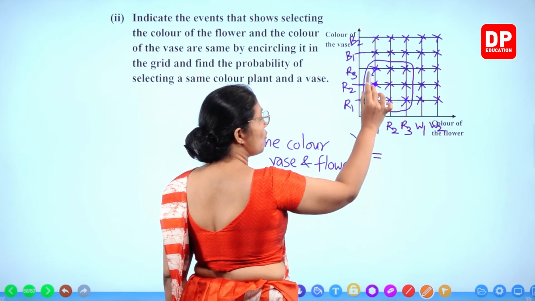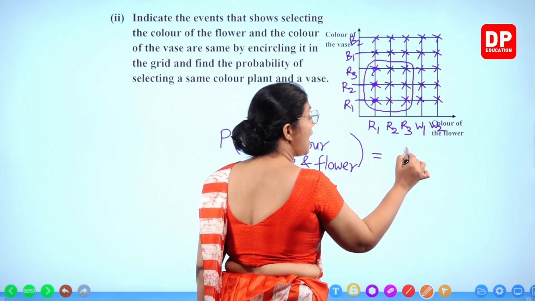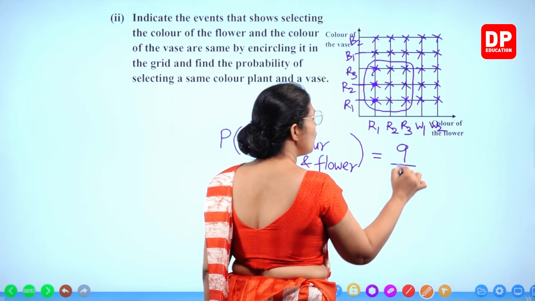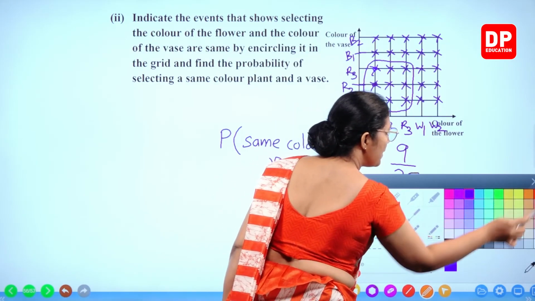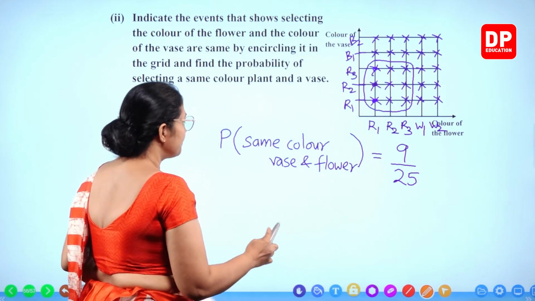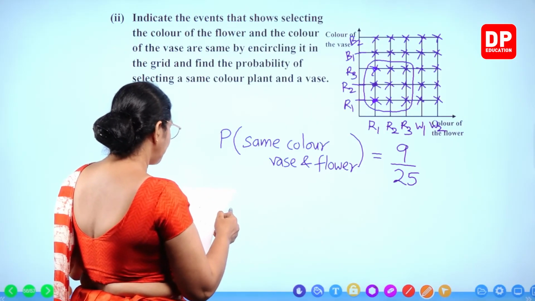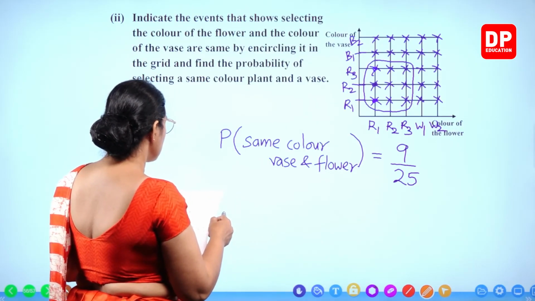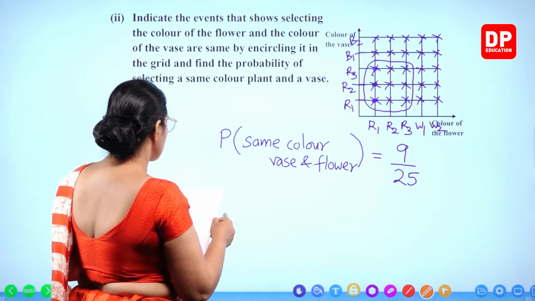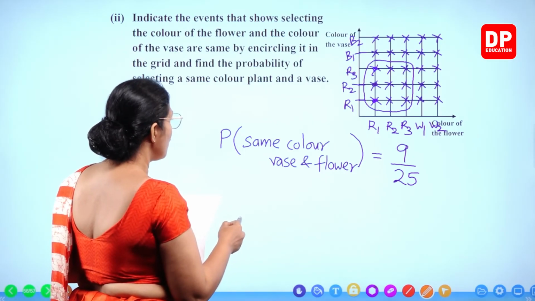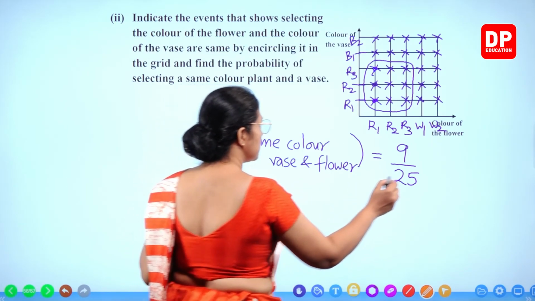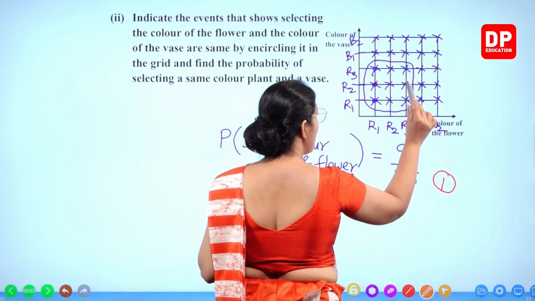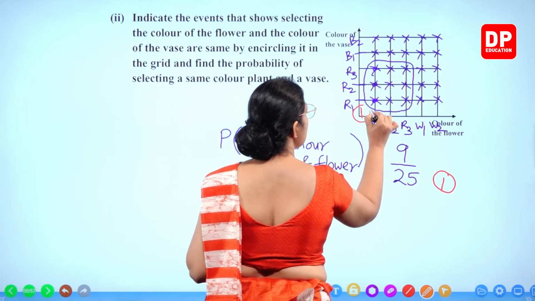So 6 possible. 1, 2, 3, 4, 5, 6, 7, 8, 9. 9 possibilities are there out of 25. So 9 over 25 is the probability. So 9 out of 25. So 1 mark given for this and 1 mark for encircling on the grid.